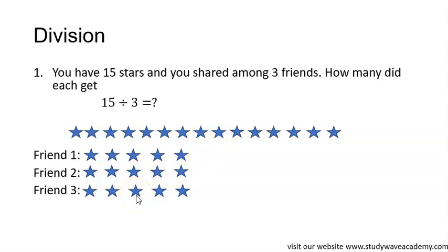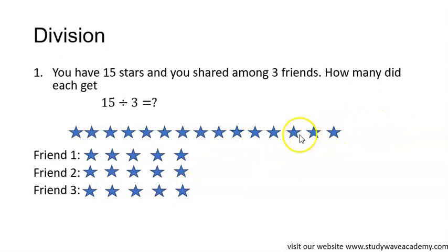You still have some left, so you give again, one star to each friend. You still have some left. You give again, one star to your first friend, another to your second, and another to your third. So now you are left with no other stars.